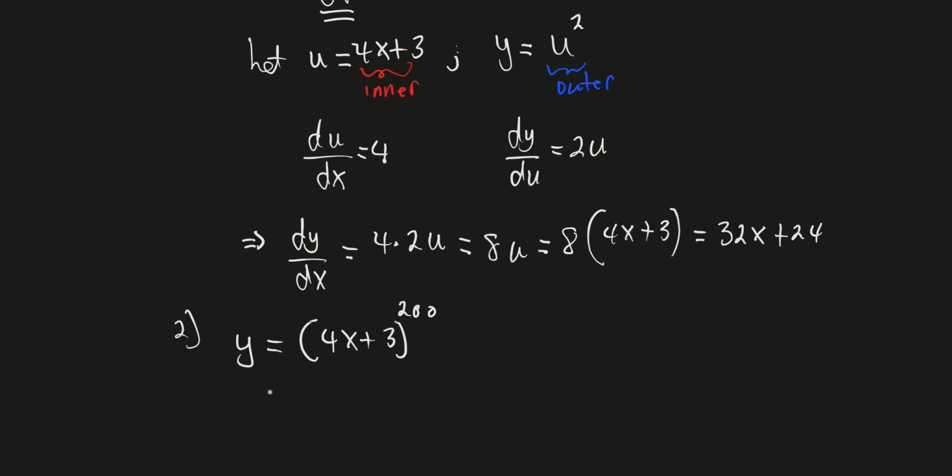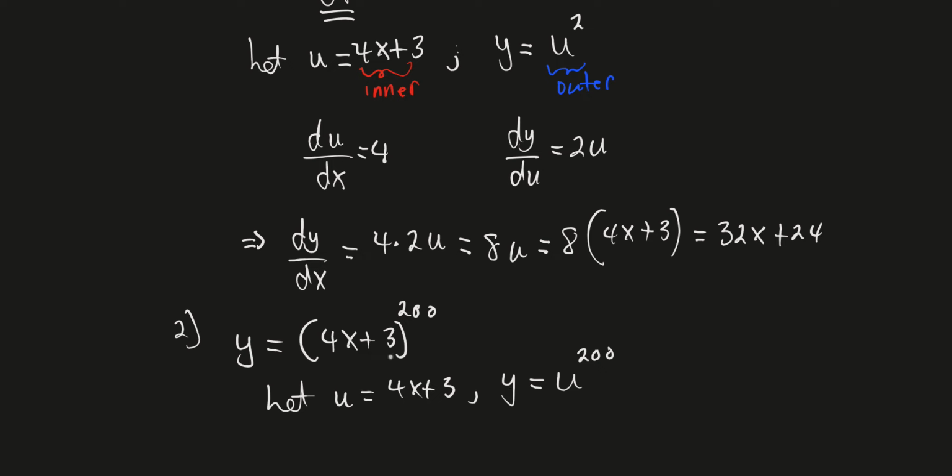So I would let u be equal to 4x plus 3, and then my y function is just my u raised to the 200.